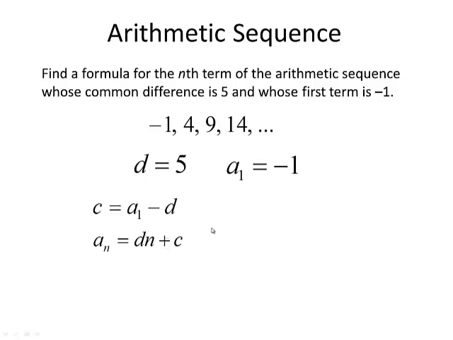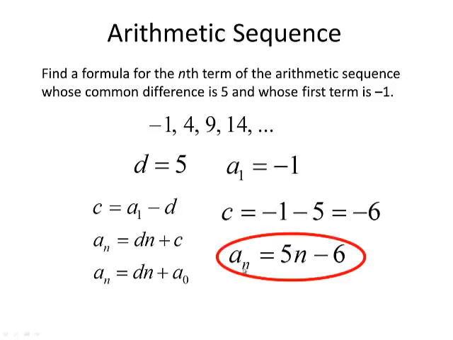Using these formulas here, or this one, which is the one I prefer because the c doesn't mean anything to me, and this is easy for me because I just go, oh, okay, what was the one before this one? If I subtract 5 from negative 1, I get negative 6, so that would be a sub 0. So a sub n is equal to 5n, dn, plus a sub 0, negative 6.